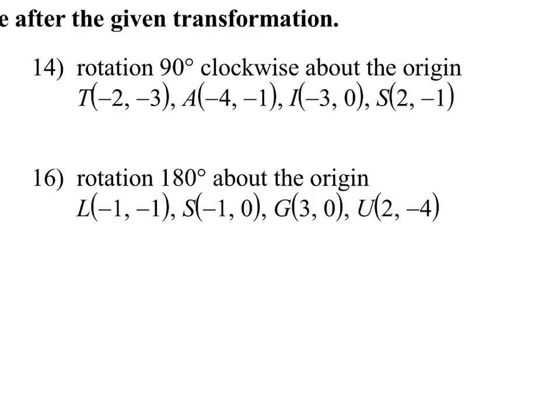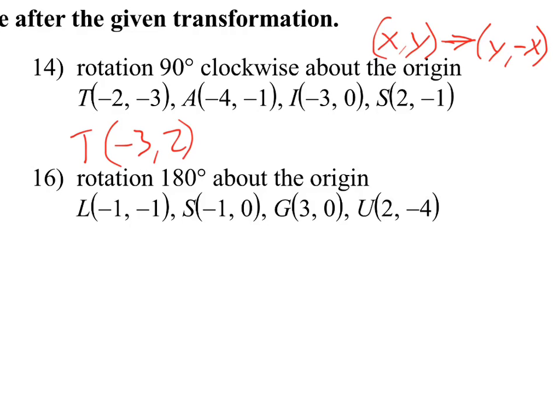And because this next one, you're going to do 90 degrees clockwise. That's going to give you the function (x, y) goes to (y, -x). And so we're going to switch the order again, but we're going to change the sign on the second one after we've switched them. So T prime, switch is going to give me -3, change the sign, +2.